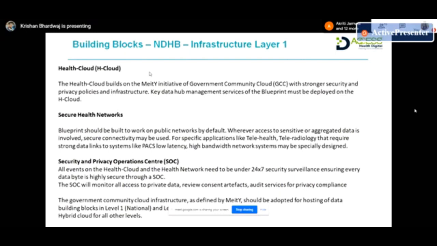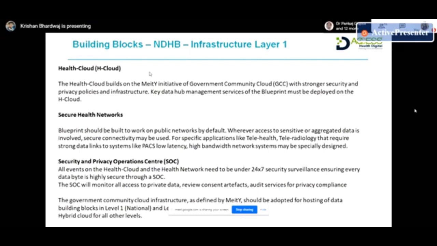Right now in India, the common challenge is bandwidth. The network bandwidth is very low, and transferring huge images across the network is a big problem. All those things are part of the secure health network design that government is planning.